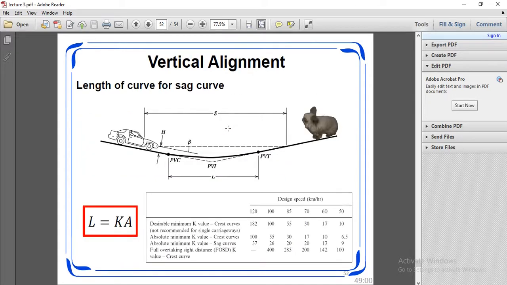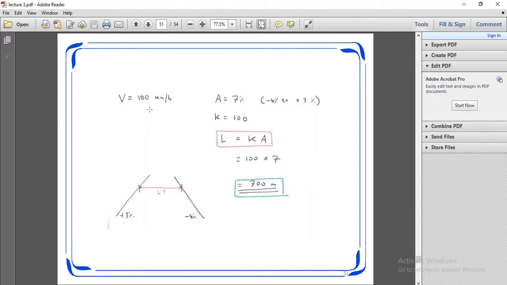So here we have speed of 100 km per hour, it is V, and A is equal to 7%, the total of 3 plus 4, and K is 100.